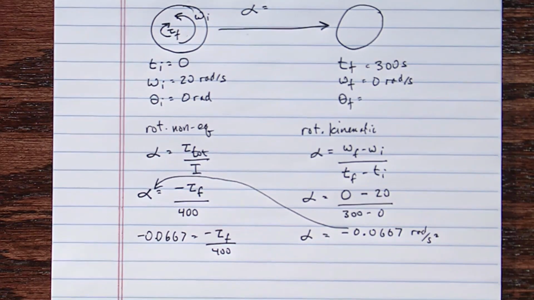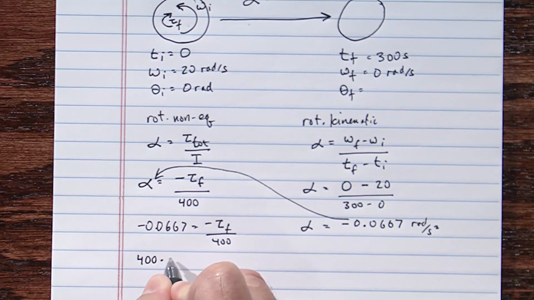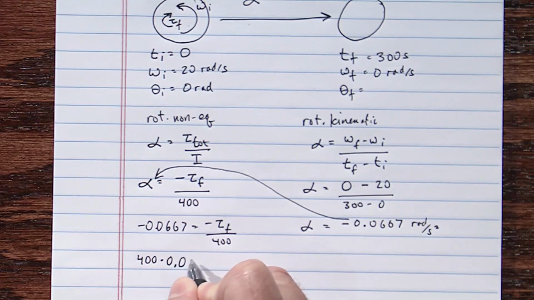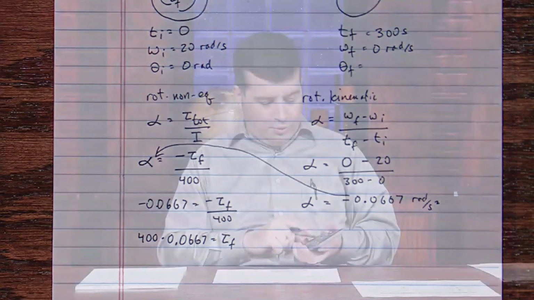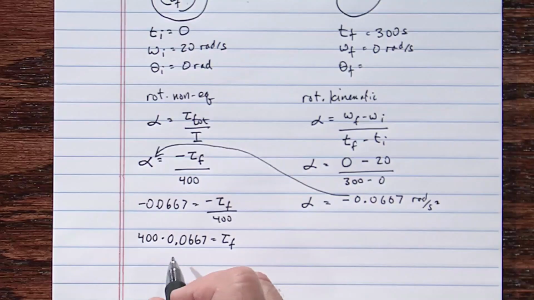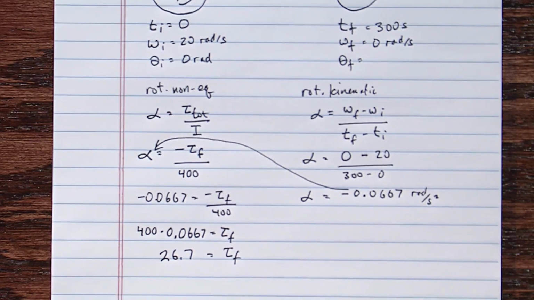That gives us 400 times 0.0667 is equal to the magnitude of our frictional torque. So 400 times 0.0667 is equal to 26.7, the magnitude of our frictional torque.